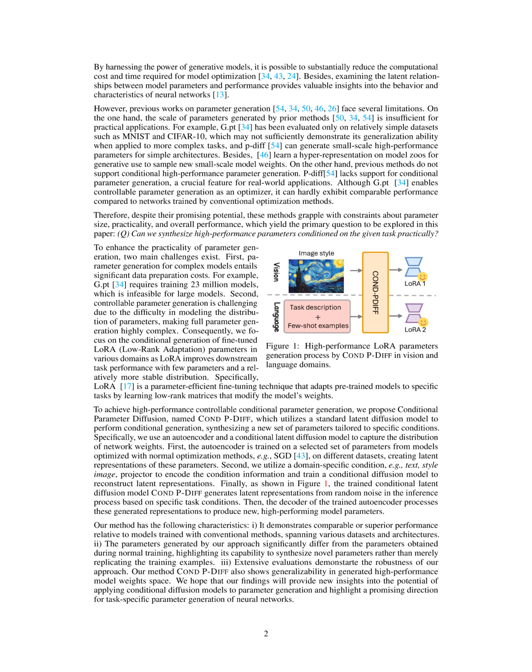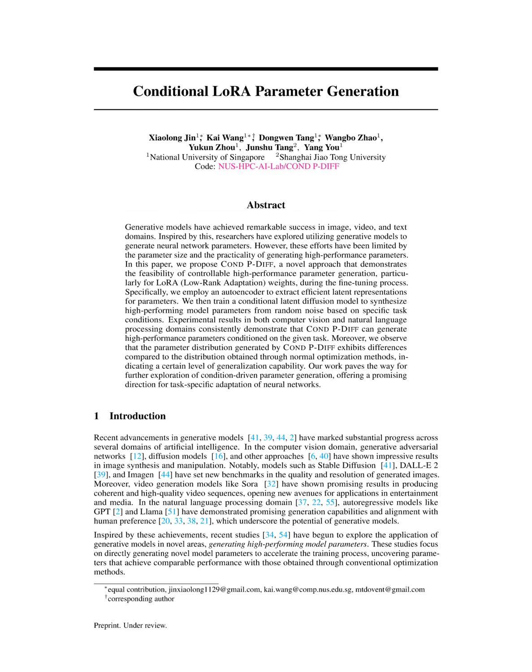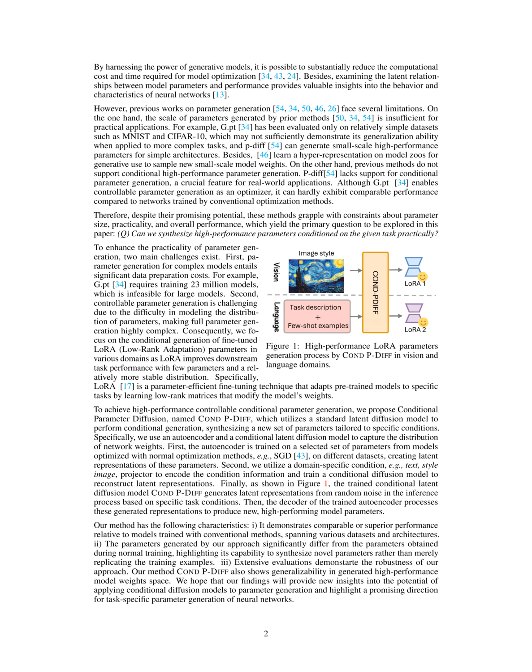The main theoretical benefit is its ability to perform conditional high-performance parameter generation, which is crucial for real-world applications. Unlike G.PT, which has been evaluated only on simple datasets and lacks generalization capabilities, and P-DIFF, which does not support conditional generation, COND P-DIFF synthesizes parameters tailored to specific task conditions, enhancing its applicability across diverse domains.